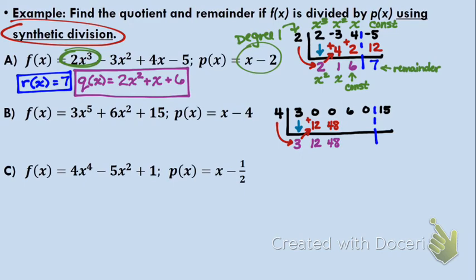What do I have in the next column over? I haven't filled in the next piece yet. 4 times 48? 192, but then after I add, I get 198. Then I do 4 times 198, 792.